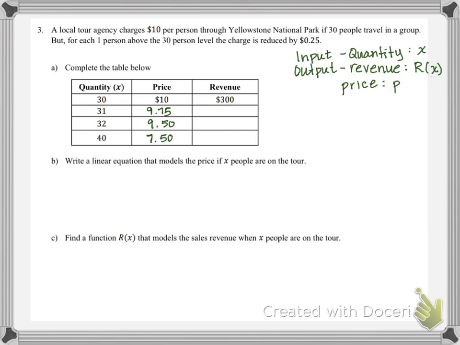And then what's my revenue at a quantity of 31? 302.45. Good. And we got that just by multiplying price times quantity. Did you say 75 cents? 45. Okay, thanks. And for 32? 304. And 40.